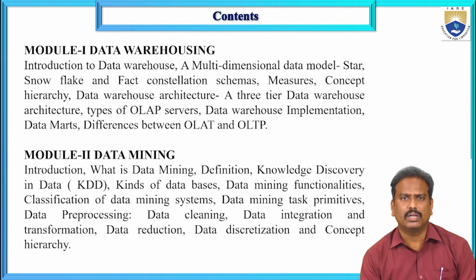After discussing concept hierarchies, we are going to learn about data warehouse architecture. We'll be using a 3-tier architecture, where we'll learn what is in the top layer, the middle layer, and the bottom layer, and from where we are going to get the data.